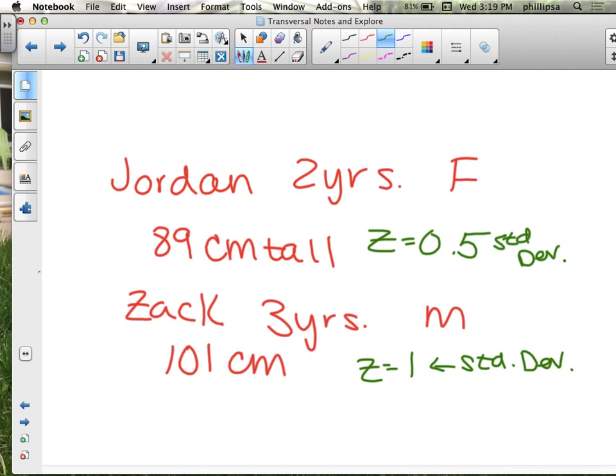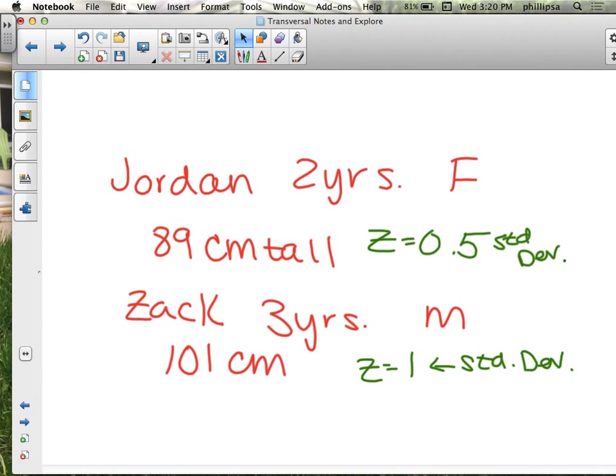Now we have a better understanding. Now we know that Jordan is only half a standard deviation above the mean, where Zach is 1 full standard deviation above his mean. And so we would say that Zach is definitely taller relative to the boys his age than Jordan is relative to the girls her age.